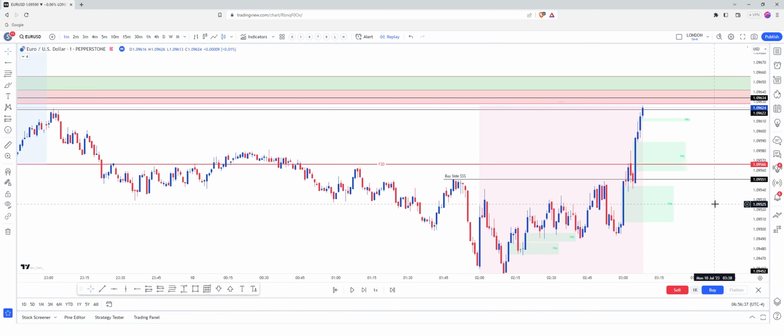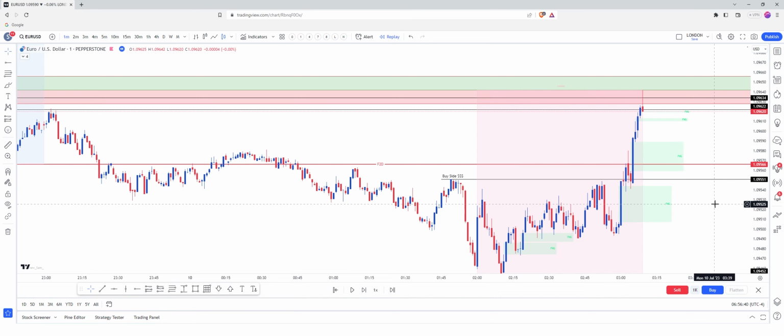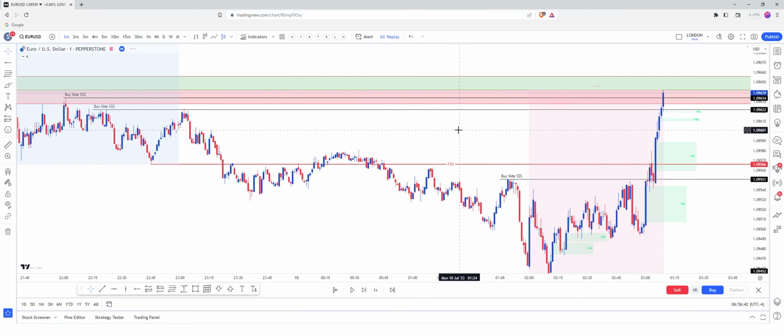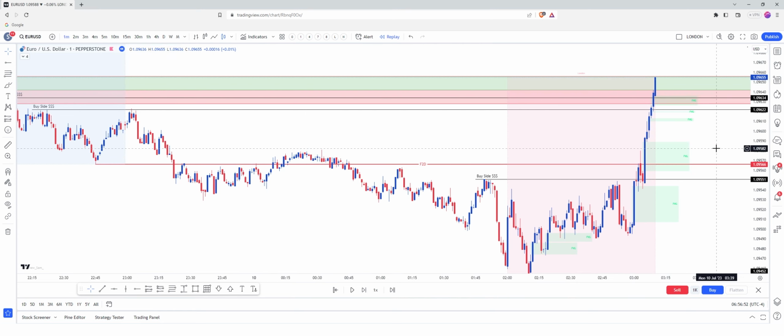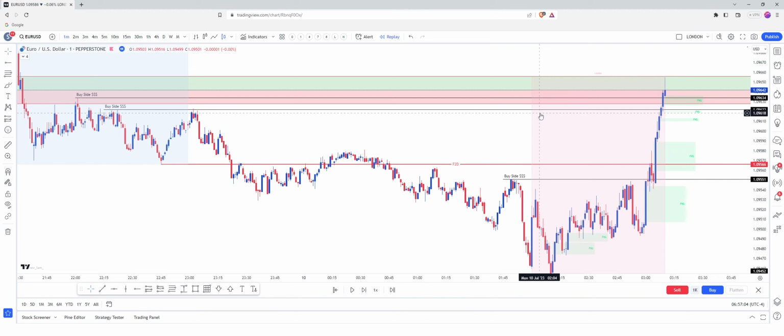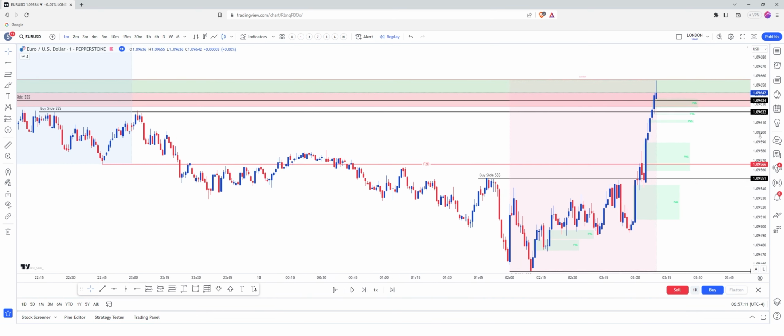We've taken the first level of liquidity, taken the second level of liquidity, and what's really interesting is we've stopped exactly on the 50% of that 15-minute fair value gap. Filled it, just underneath the top of the fair value gap, but closed again exactly at 50%. This is telling me that this fair value gap is a significant level for us. We've taken buy side, and we are respecting the 50% of that 15-minute fair value gap.